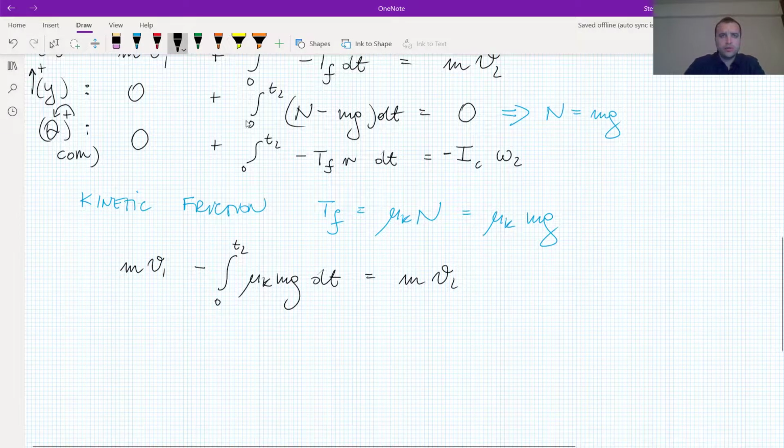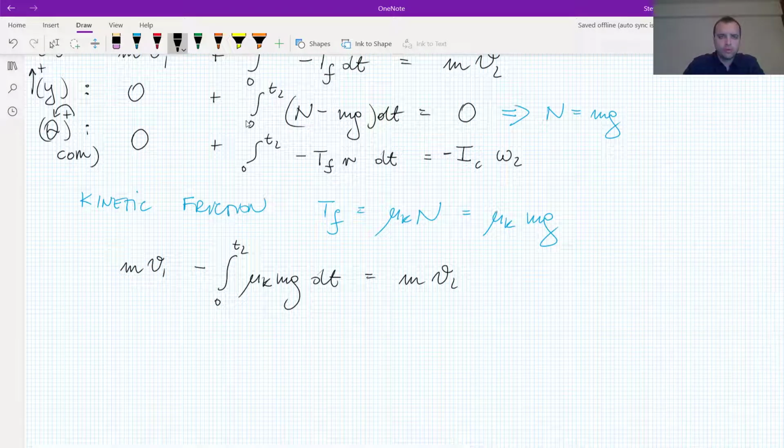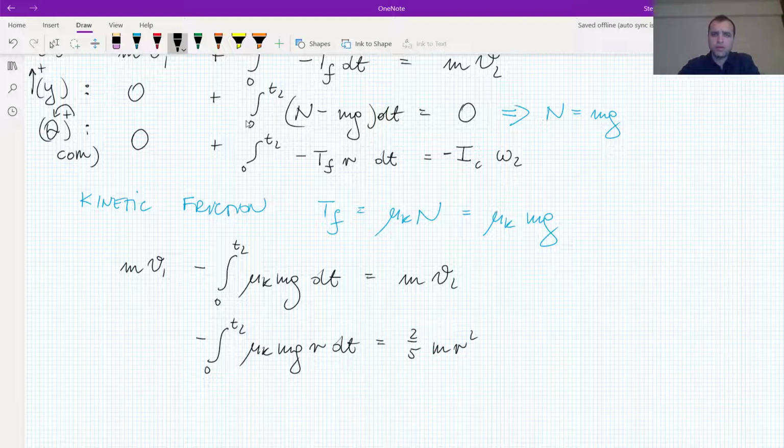And also from the third equation we will have minus integral from 0 to t2 of mu k mgr dt, and this is equal to 2 divided by 5 mr squared omega 2, or actually in here I can write v2 divided by r, because we know that our omega 2 is v2 divided by r due to no slip condition.